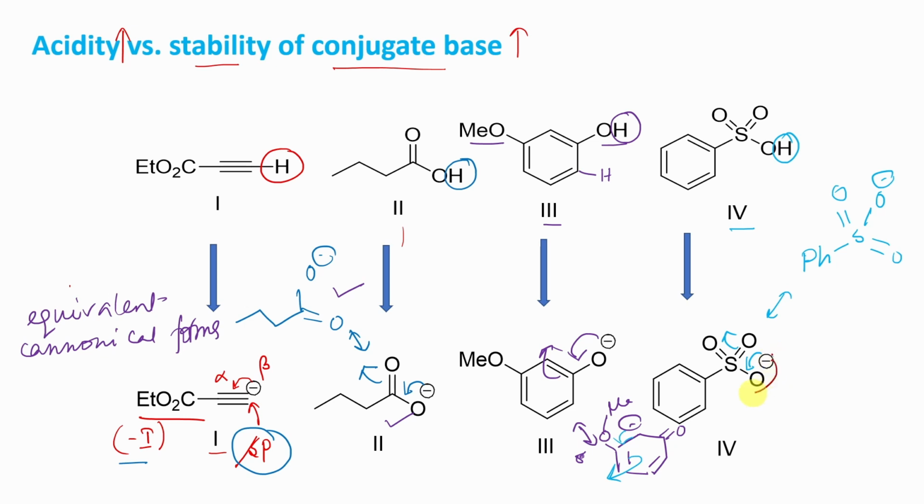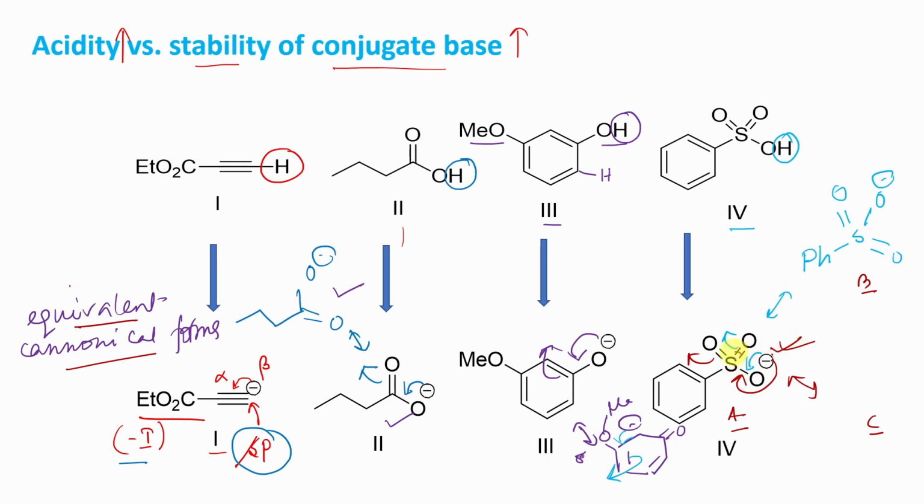You may consider it will come here, it will open up. And in this case, the canonical forms, for example A, B and C, are all the same. So you can say there are 3 equivalent canonical forms, meaning very high delocalization of this oxygen.